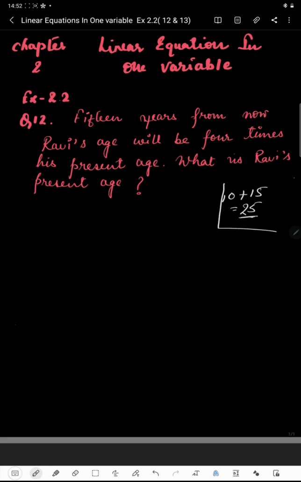Present age is not given, so let us consider Ravi's present age be x years.